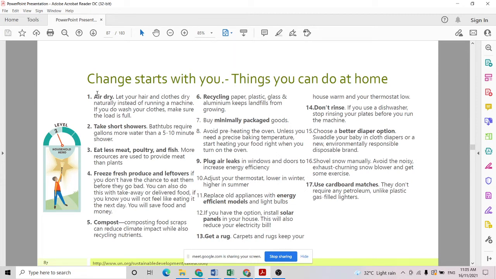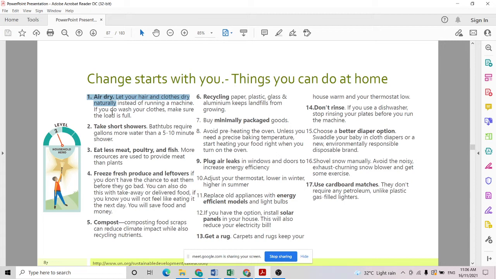Air dry: let your hair and clothes dry naturally, because nowadays you have the dryer, and the dryer requires extensive heating, not only by electricity but also by using natural gas, in order to have hot air.